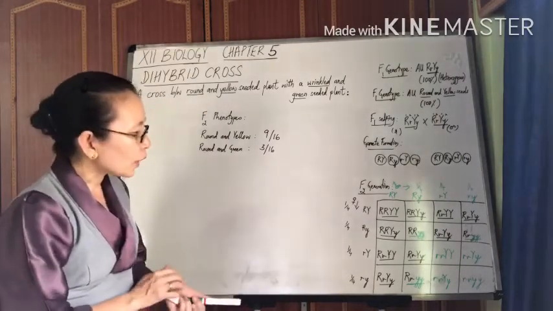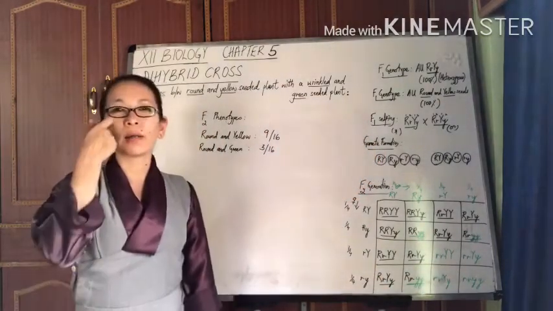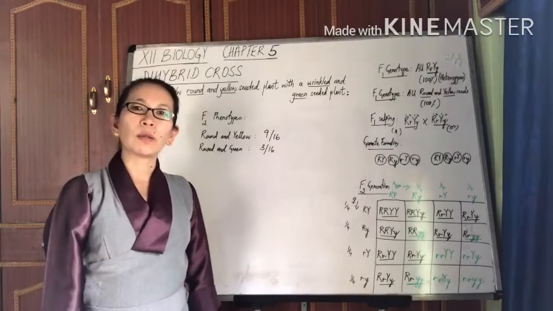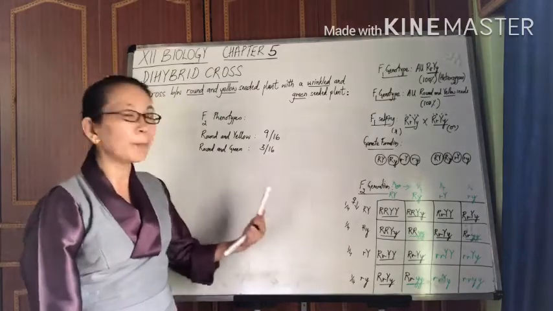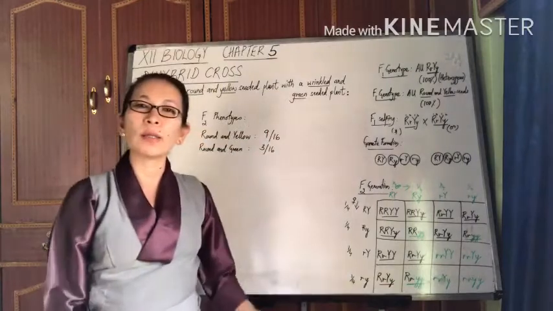Okay, next we have this one, small rr. Small r represents wrinkled, right? Because it is homozygous for small r, it expresses wrinkled. So it is a wrinkled seed, and capital YY is yellow.